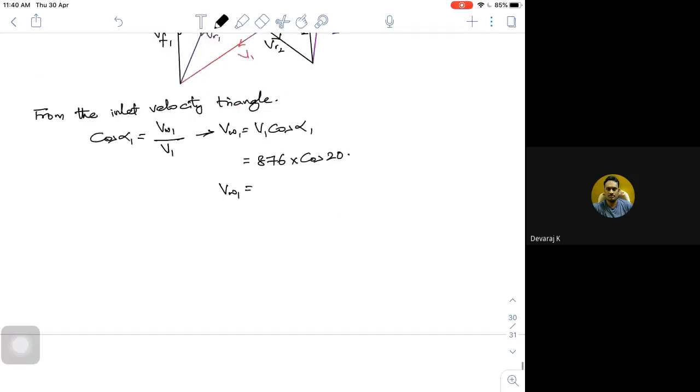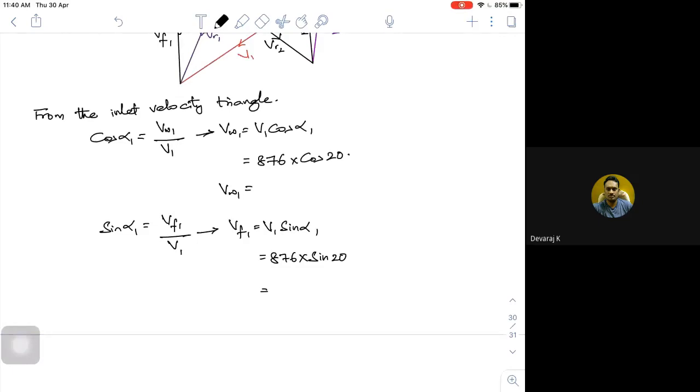Similarly, sin alpha 1 is equal to VF1 by V1, and so VF1 is equal to V1 sin alpha 1, that is 876 into sin 20. Okay.